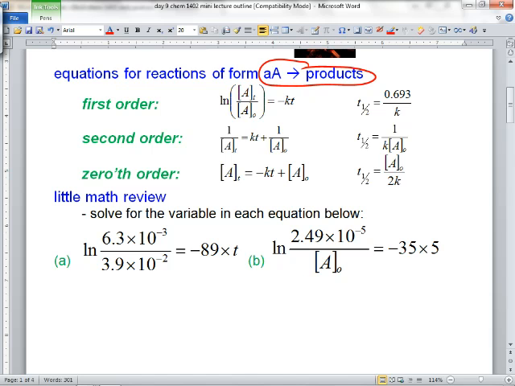Okay. We take a look at A. Do you recognize which equation I was plugging into in A? Which one does it look similar to? Yeah, the first order, the upper left. It matches it exactly.